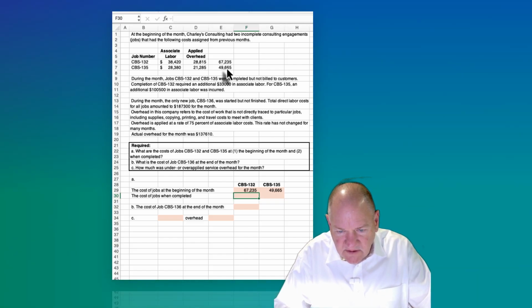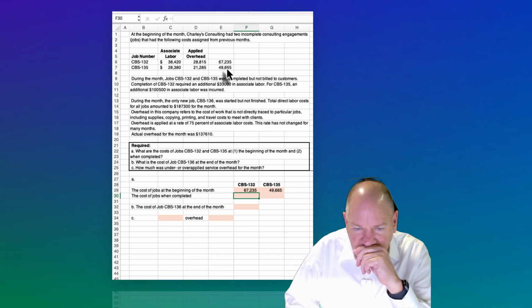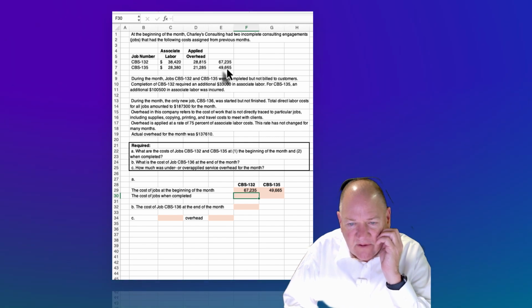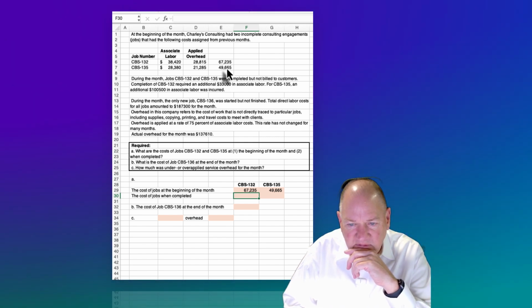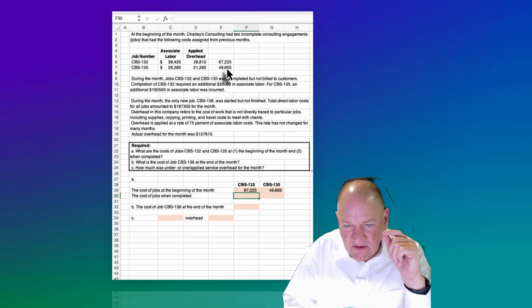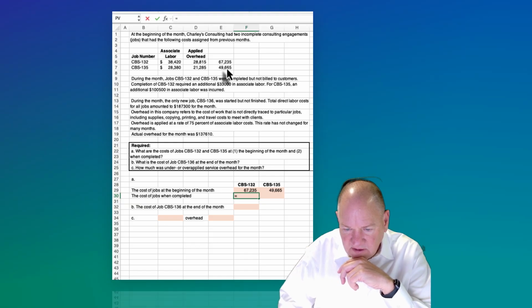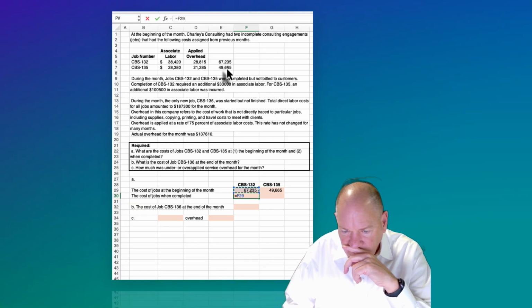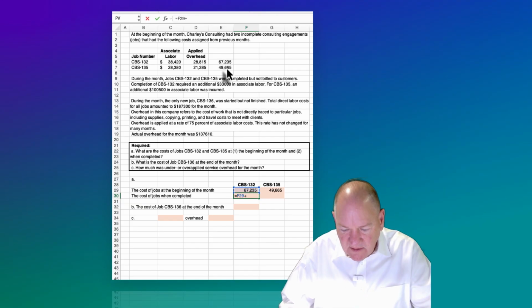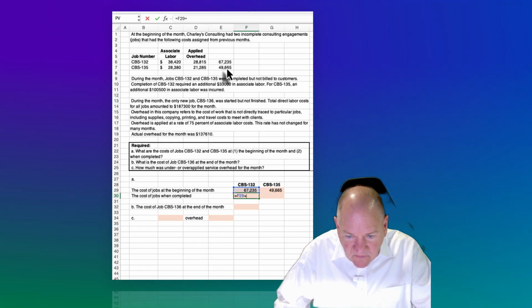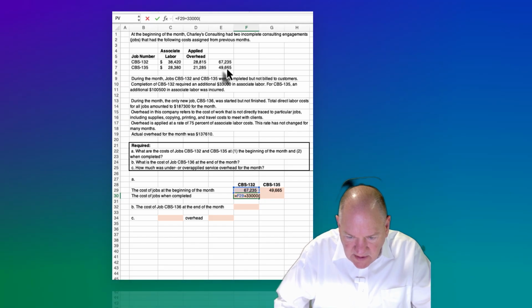Now, the cost when the jobs are completed. Okay, so for job 132, I need to add $33,000 worth of labor. And then I need to allocate some overhead for that one as well. There's a few different ways I could work this with my spreadsheet. I could just pick up this amount and add to that $33,000 multiplied by 0.75.